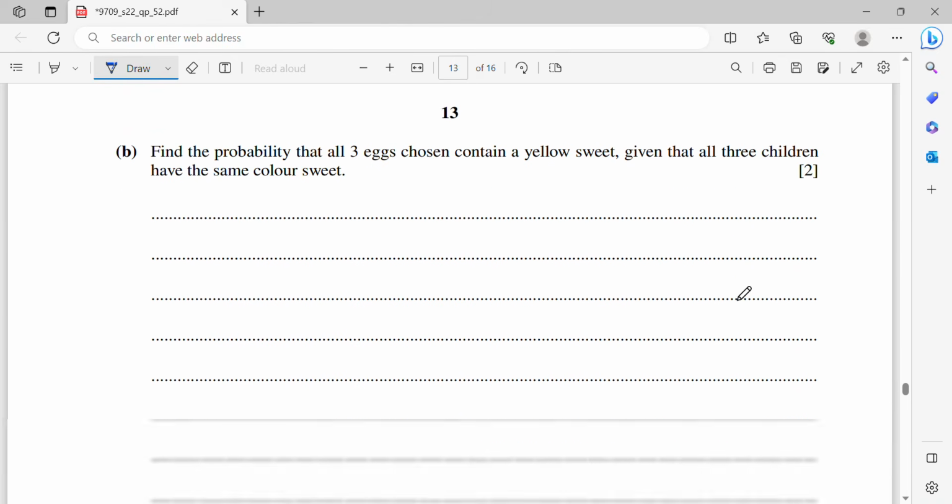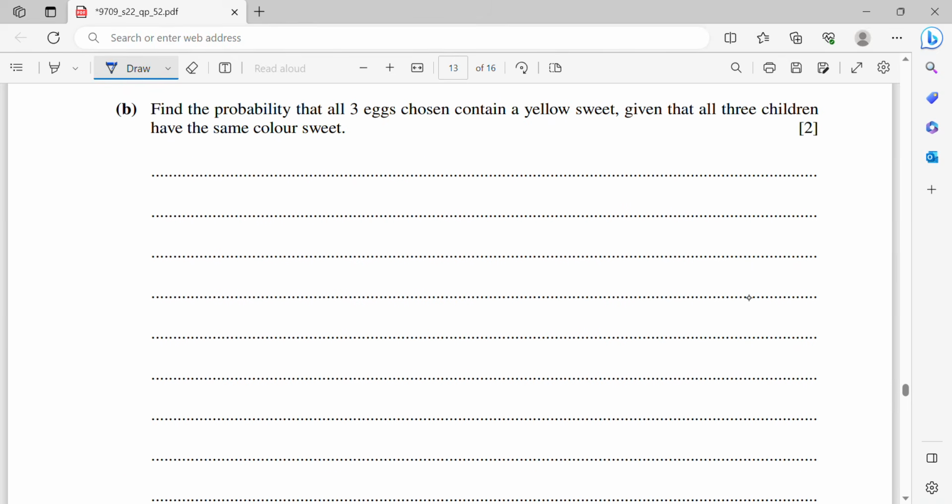Right. Now B, find the probability that all 3 eggs contain a yellow sweet, so 1 yellow, given that all 3 children have the same color sweet. Given means conditional probability.